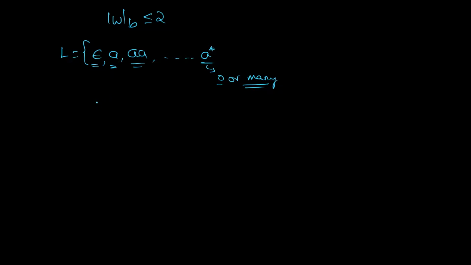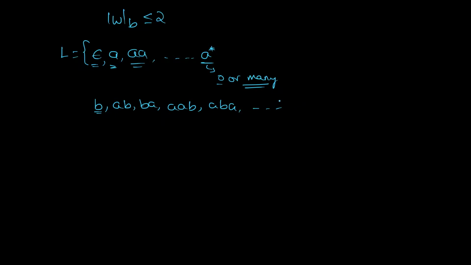What if we have a single B? So a single B is also in our language. B is one of our minimal strings. AB, BA, AAB, ABA, and so on.